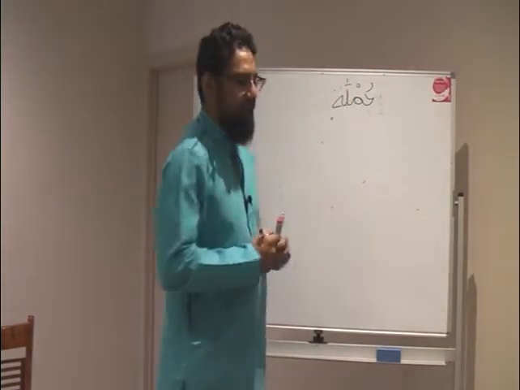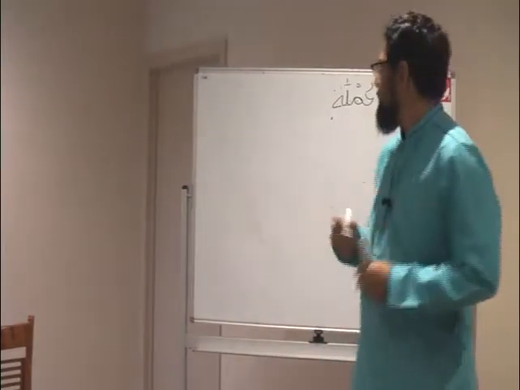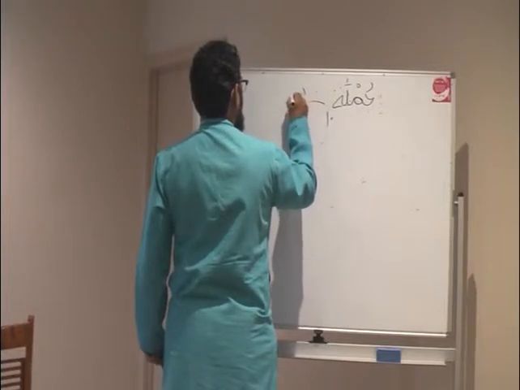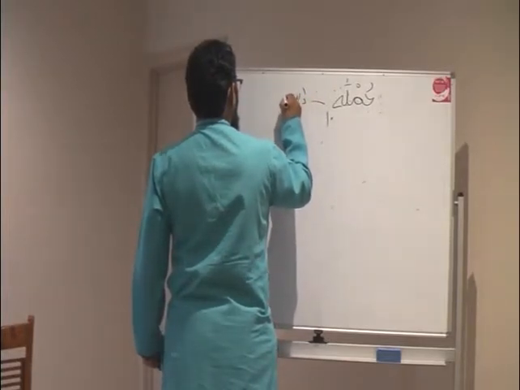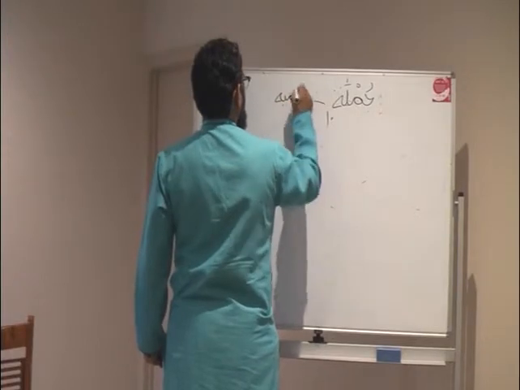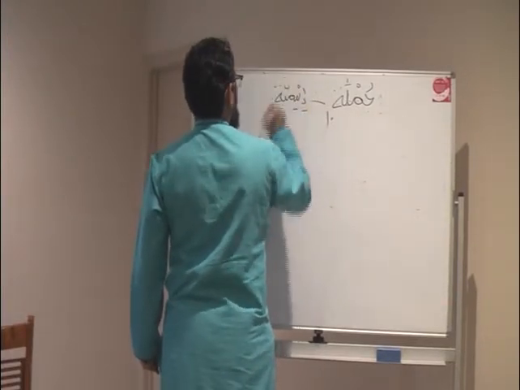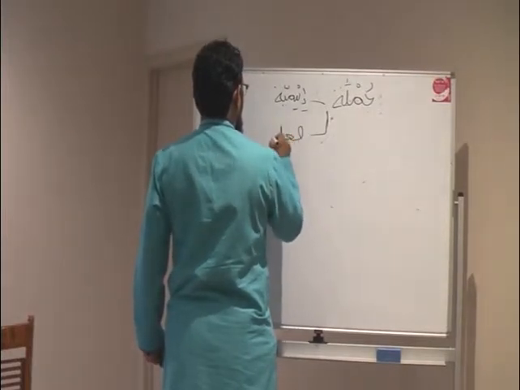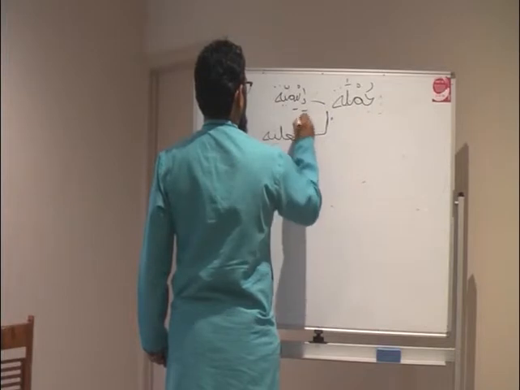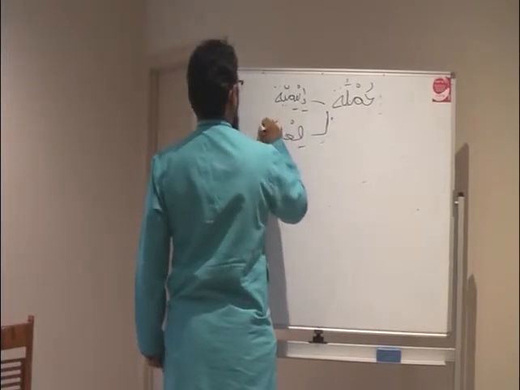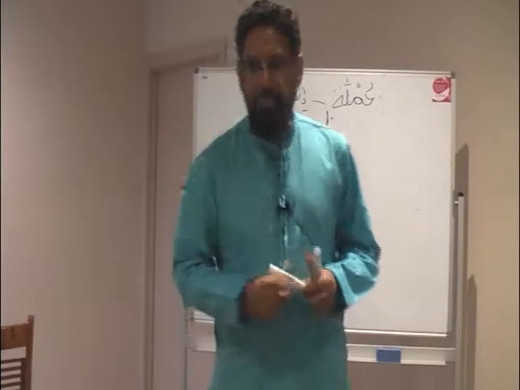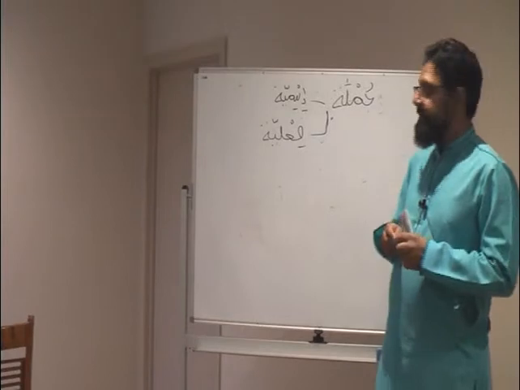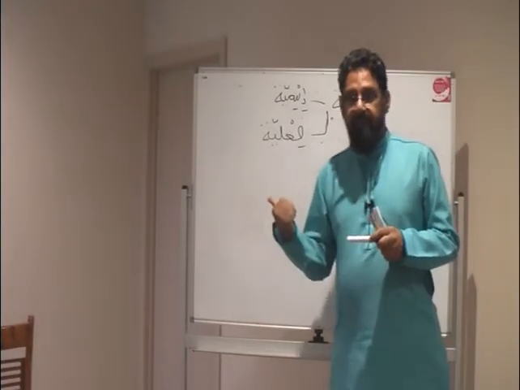The jumla can be, as we understood, only two types of sentences: ismiya and fi'liya. That basically translates as a nominative sentence, ismiya, and a verbal sentence, fi'liya.